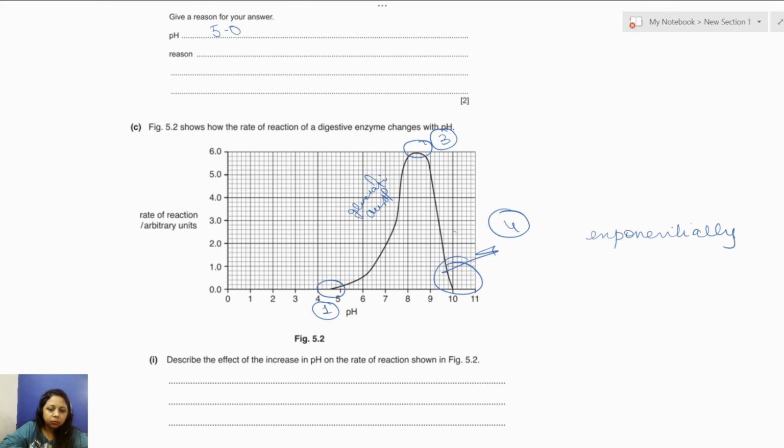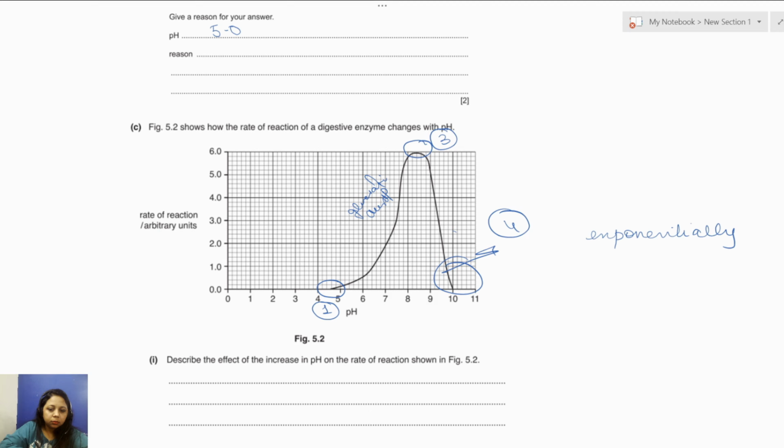Exponentially means a very fast, very high, rapid increase basically. Where at pH 8.3 the activity is maximum, which is 6 AU. Beyond this pH the activity decreases to 0 at pH 10, or the rate of reaction becomes 0 at pH 10.